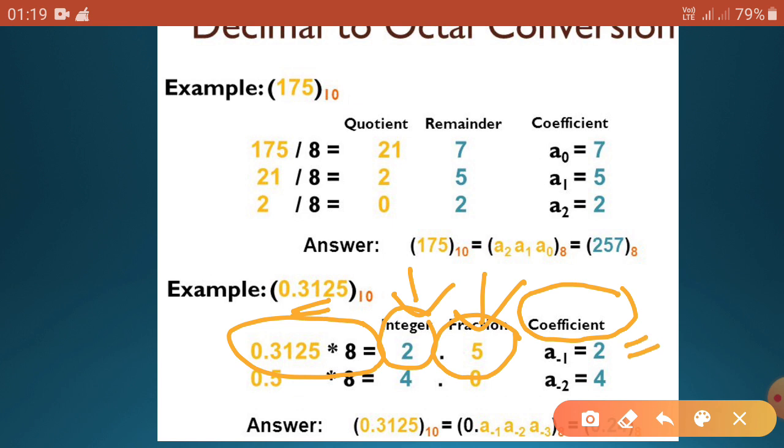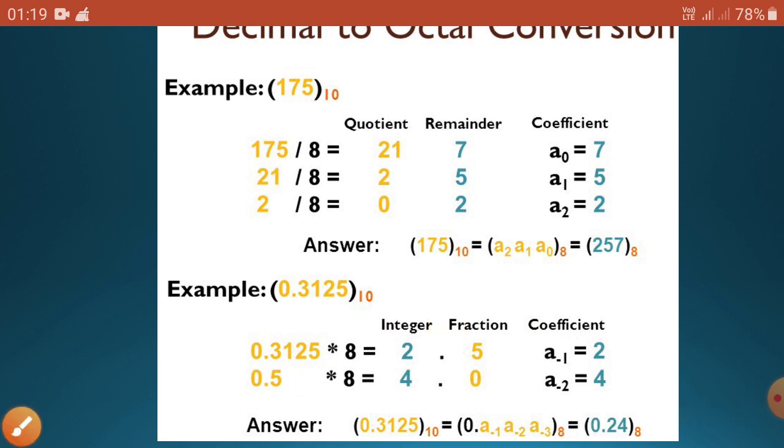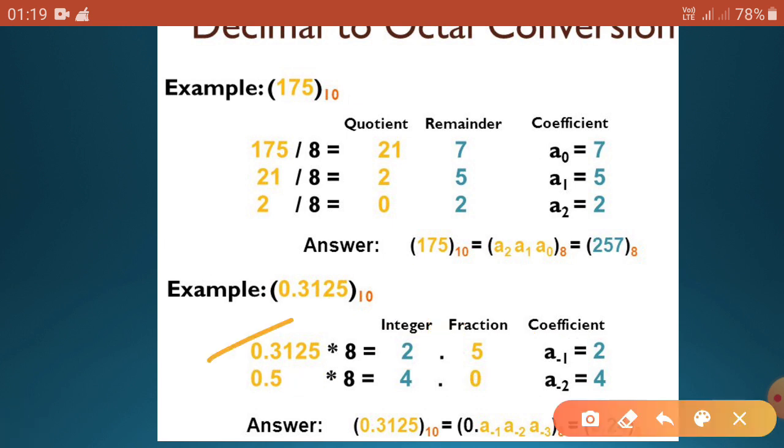Again the fraction is 0.5, so we have to multiply the fraction repeatedly with 8, until we get 0 in the fraction value. Here, first, multiplying 8 into 0.3125 gives us 2.5.